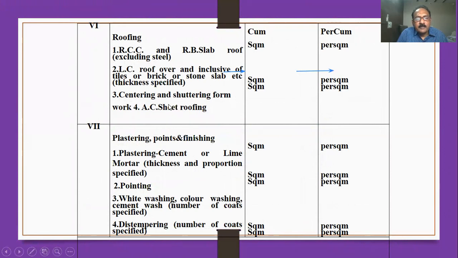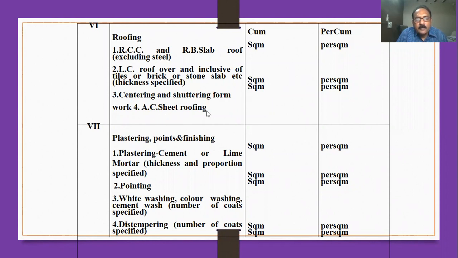Here, roofing, RCC slab in cubic meter. Payment also per cubic meter. Lintels, square meter. Payment also square meters. And centering shuttering is also in square meter.